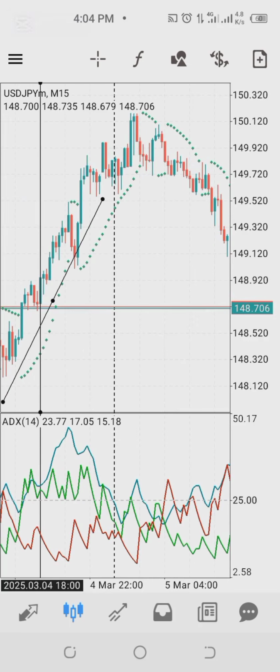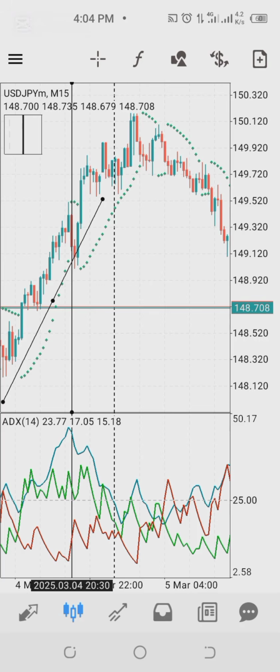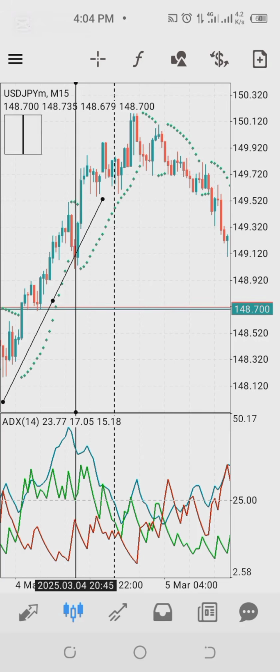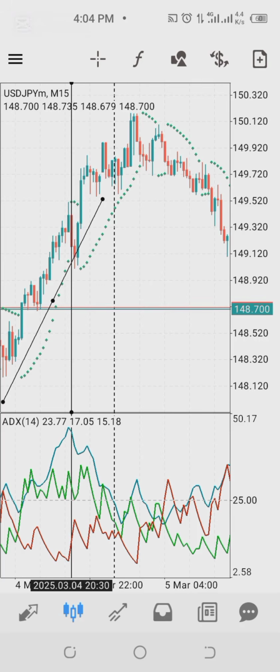Very simple. I'm going to be looking out for two things. One, the Parabolic SAR would now have to start in the direction of my intended direction. Since I'm looking out for a sell, I expect the Parabolic SAR to start imprinting from the top. However, that's not the only thing I would be looking out for.